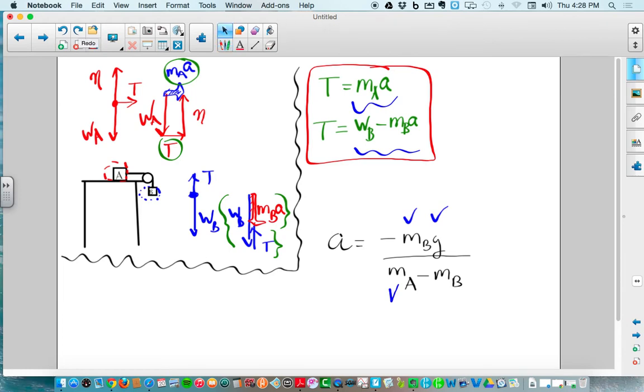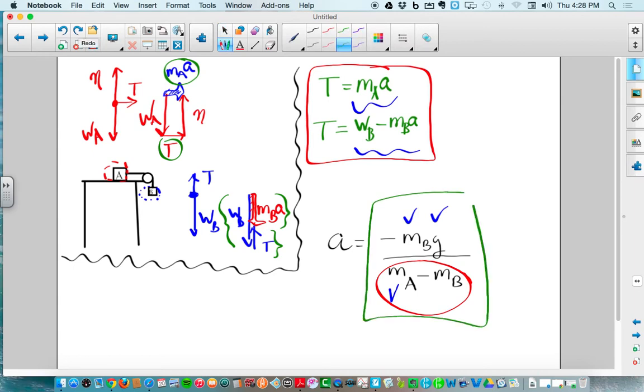So if the masses were the same number, the entire denominator becomes 0. It's called blowing up an equation, because if the denominator becomes 0, the entire fraction is essentially infinity. It becomes impossible to solve. And in real life, you could easily have a 1 kilogram mass here and a 1 kilogram mass there.